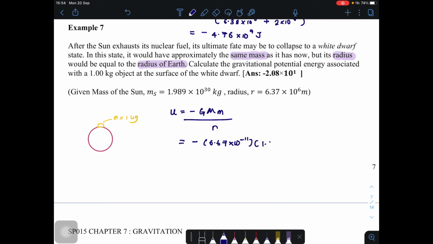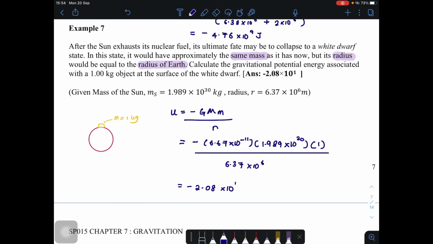Mass is 1.99 exponent 30 kg, and then the mass of the object is 1 kg, divided by the radius. Okay, and then press the calculator, you will get negative 2.08 exponent 13. Exponent 13, so here I missed the 3.